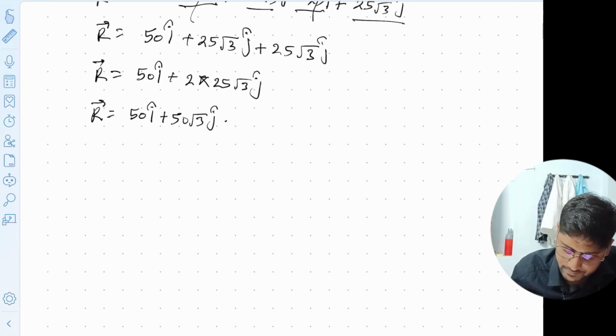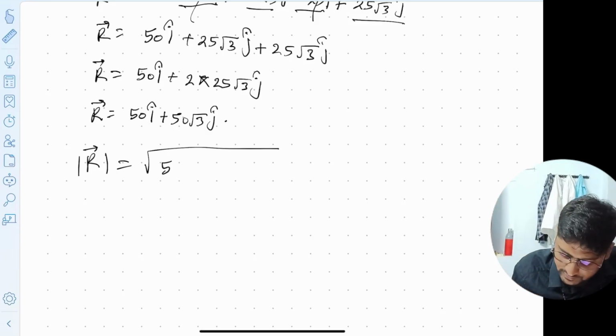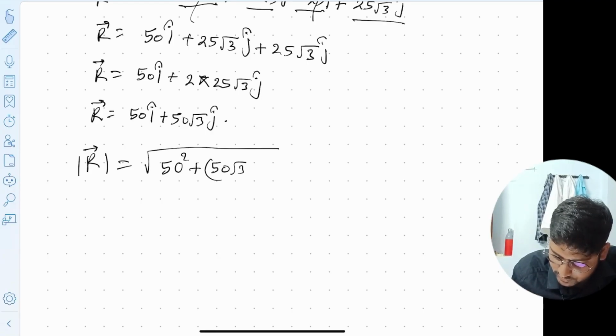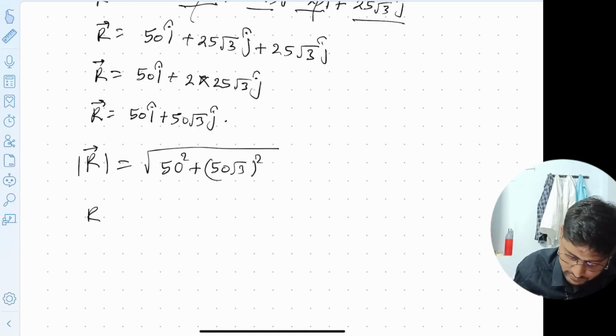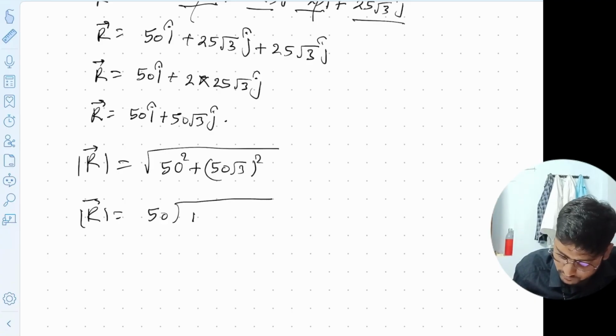And we know how to find the magnitude also. The magnitude is the square root of x square plus y square plus z square. Z square is not there, so it is 0. So it becomes the square root of 50 square plus (50 root 3) square. We take 50 common, so 50 comes outside: square root of 1 square plus root 3 square.